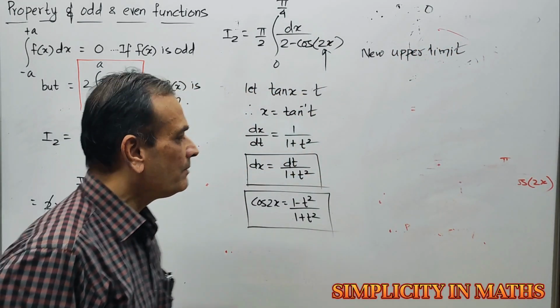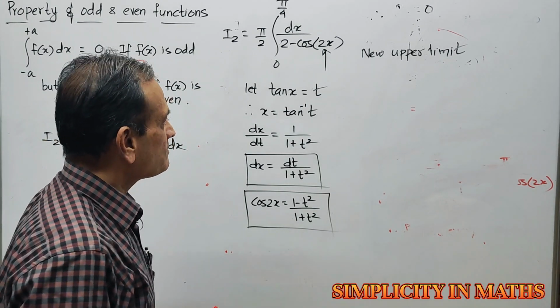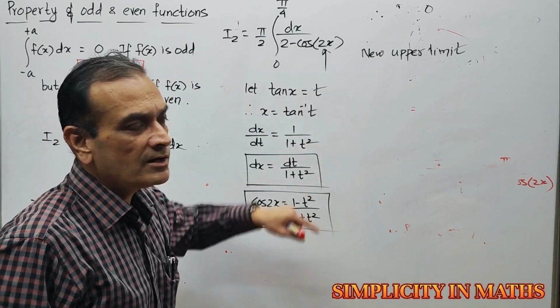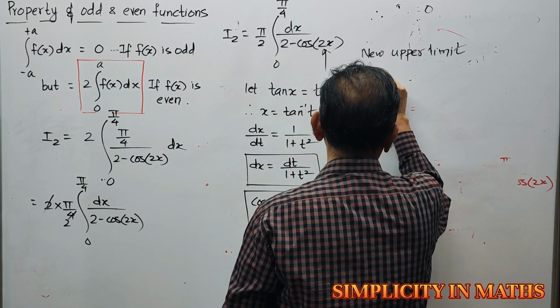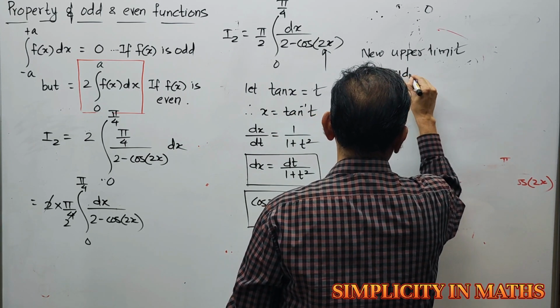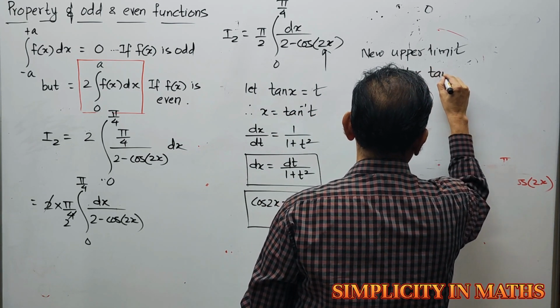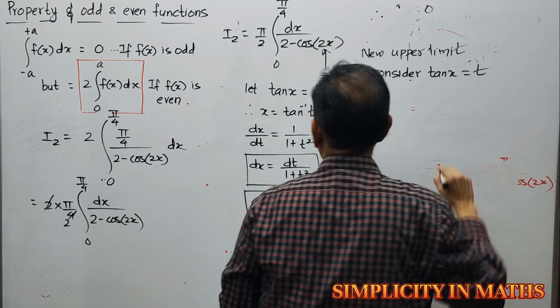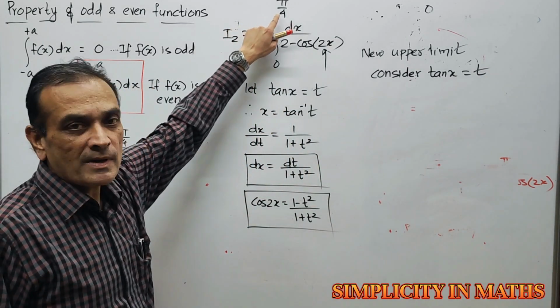So for new upper limit, what is our original substitution? Tan x equal to t. Original upper limit is pi by 4.